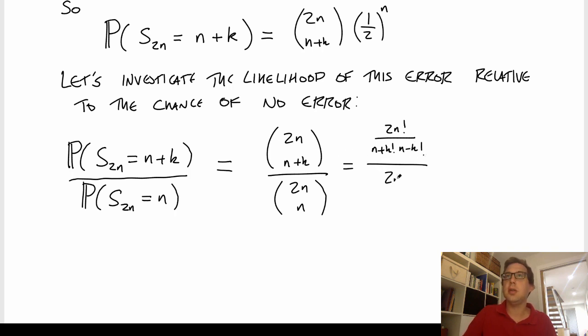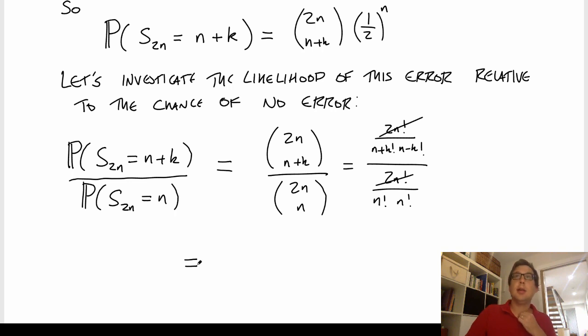And this is 2n factorial divided by n factorial times n factorial. Okay? And notice I can cancel the 2n factorials out. So what we're left with is n plus k factorial divided by n factorial, and n minus k factorial divided by n factorial. Okay?